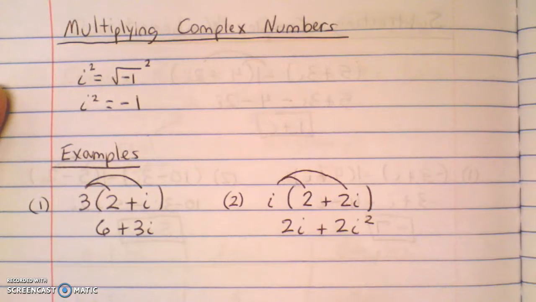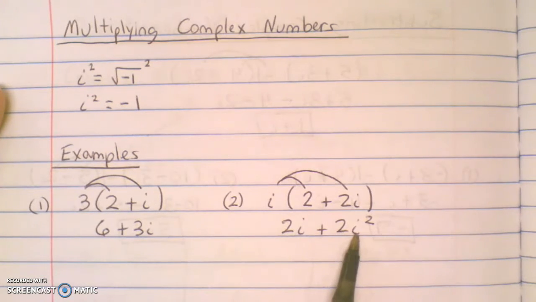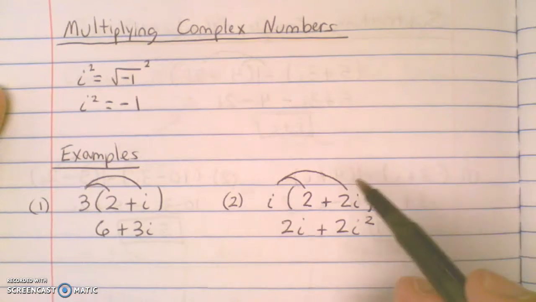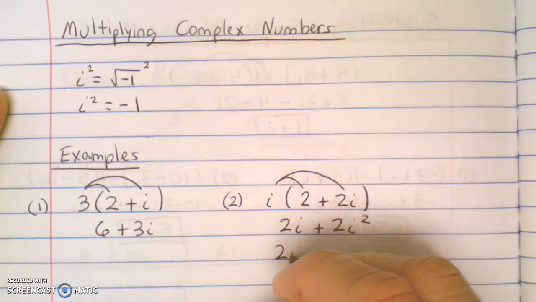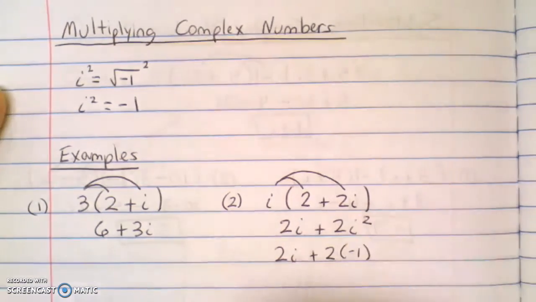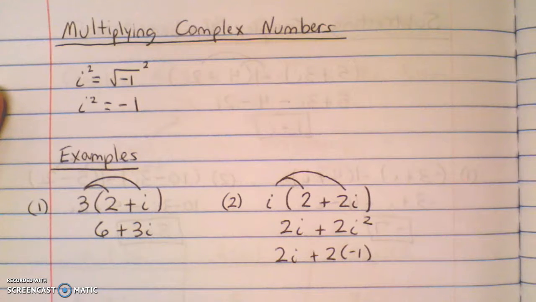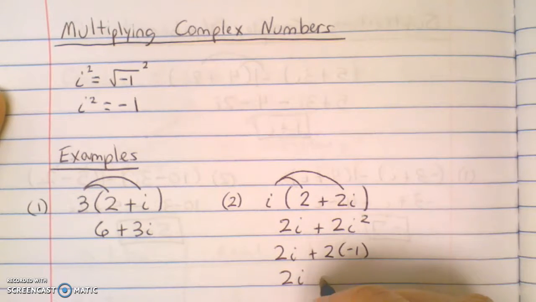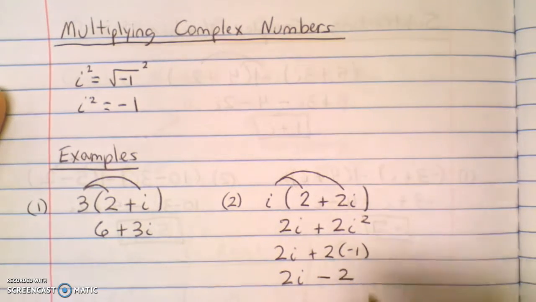Remember what I said about i squared above: whenever you see i squared, it really turns into -1. So I can rewrite this as 2i plus 2 times (-1). Notice I put it in parentheses because we're not subtracting, we're multiplying there. So this simplifies to 2i minus 2.